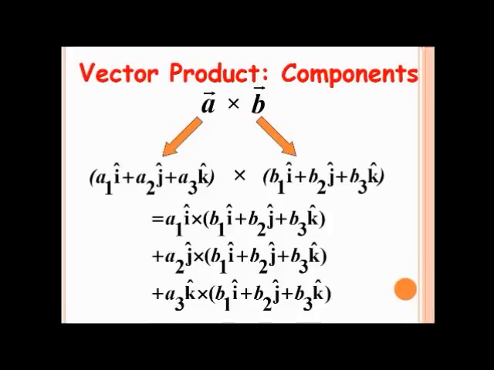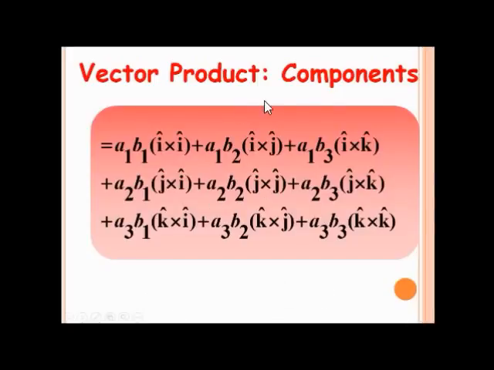So this is the form you can see. Now by just simplifying them, you can see from these parts I cross I is 0, j cross j 0, k cross k 0, all these terms become 0.